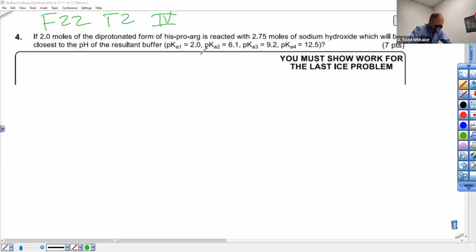Sticking with our pKa theme for our review, we're going to do part 4 of the fall 2022 test 2. And we're starting with a diprotonated acid. Now, the fully protonated form, when you're given 4 pKa's, is H4A, and that's that one.